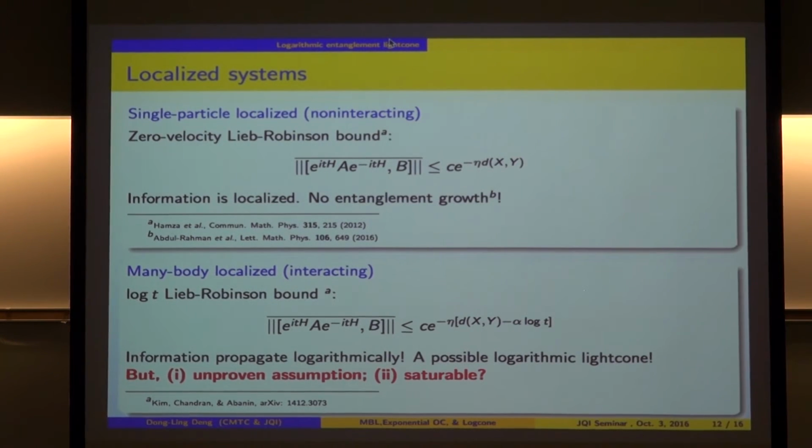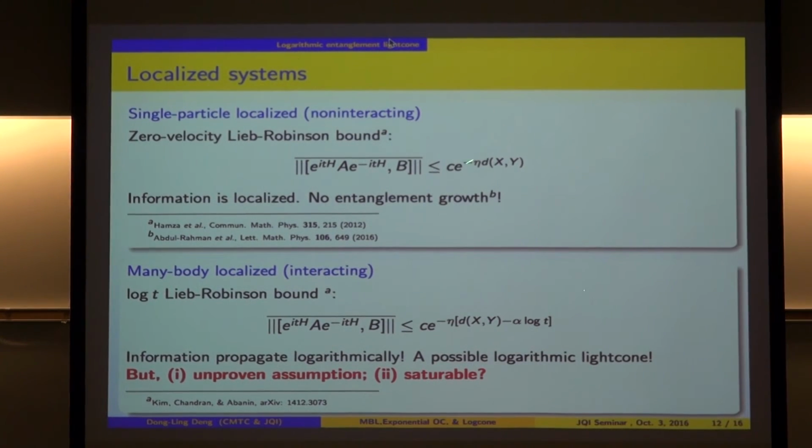In the localized system, everything is localized. There's some difference between single-particle localization and many-body localization. In the single-particle localization case, it can be mathematically derived that there is a zero-velocity Lieb-Robinson bound, as shown here. Here C and eta are also some positive constant numbers.